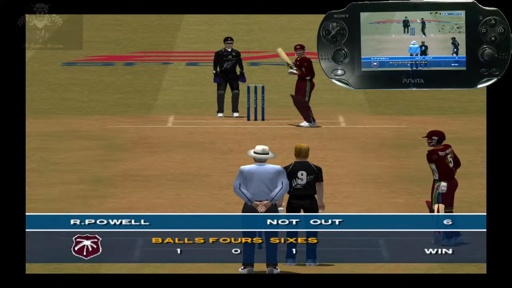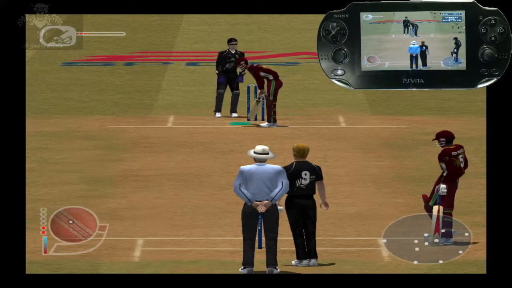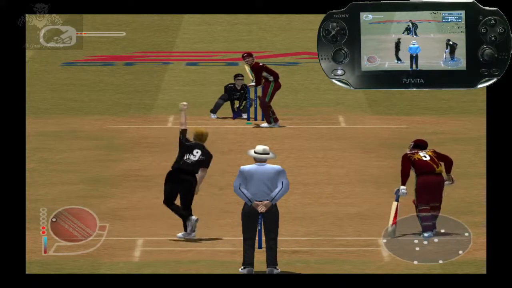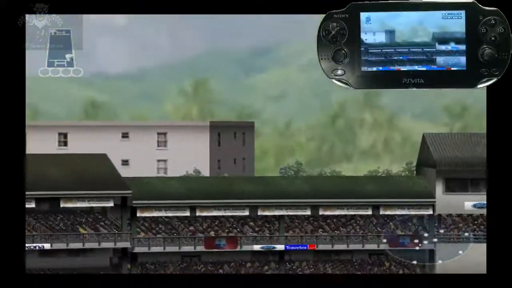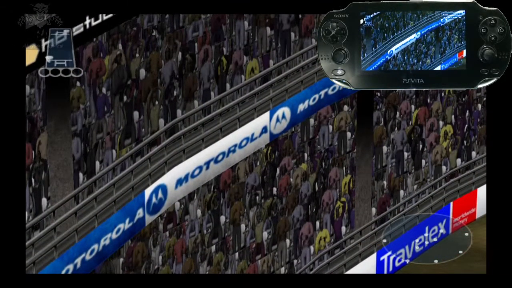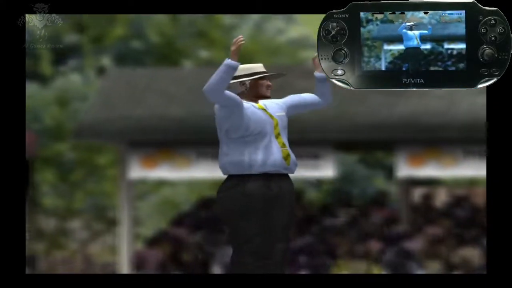Powell waiting at the striker's end. That's over the rope. 6 runs out of Vettori. That was 6 as soon as he hit it. Great strike. It looked like 6 the moment he struck it.